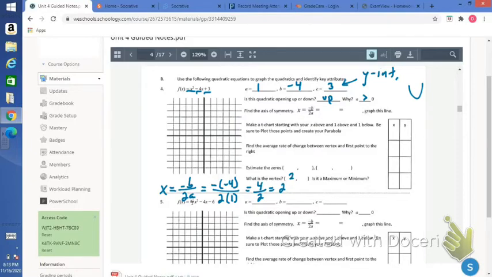To find the y-coordinate of the vertex, we plug in 2 for x. So 2 squared minus 4 times 2 plus 3. So that's going to be 4 minus 8 plus 3. So that'll give us negative 1.